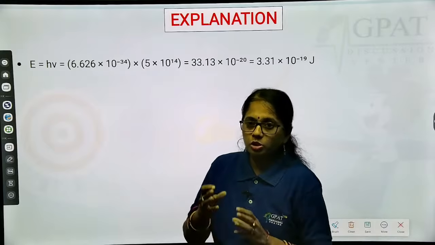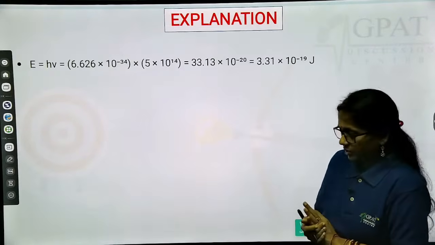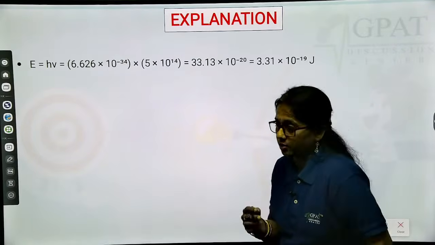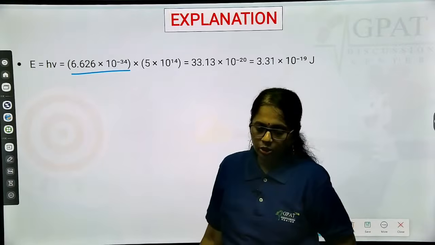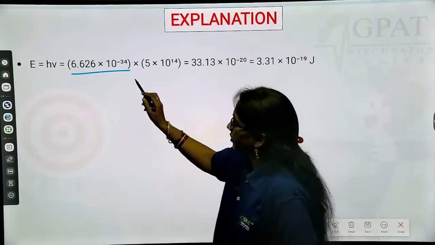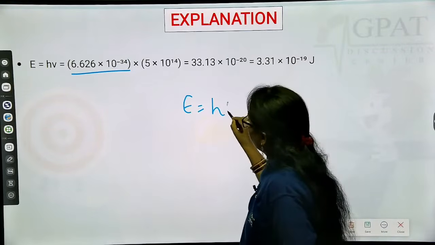Just as c, the speed of light, is 3 into 10 to the power of 8 meters per second, the Planck's constant is 6.626 into 10 to the power of minus 34. You should remember this constant value. So E equal to h nu, this is the formula.